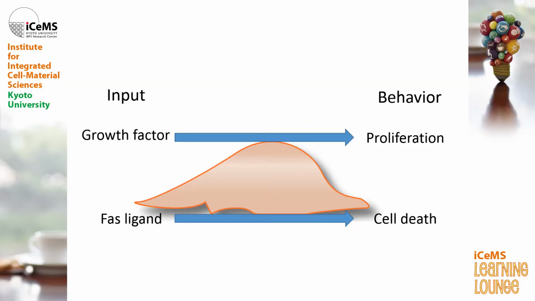For example, cells start to grow in the presence of specific protein signals called growth factors, and specific proteins called Fas ligand promote suicide of the cells. So cells can detect a lot of input signals and determine their behaviors depending on the signals.